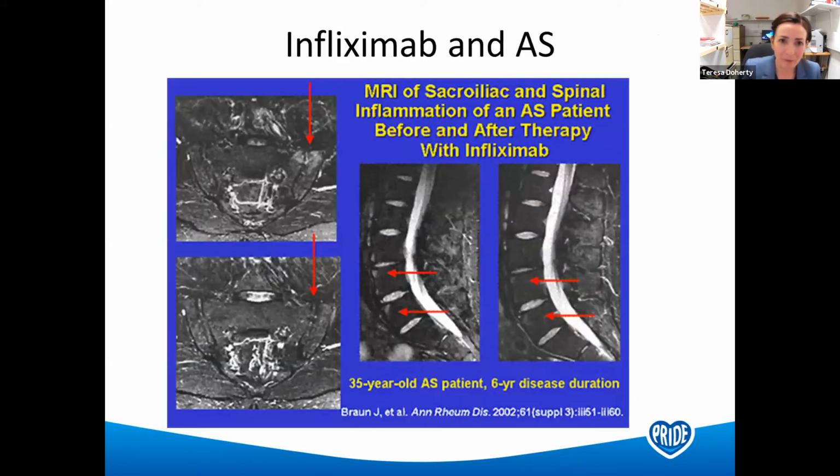Just briefly, infliximab was one of the first anti-TNF agents that we started using. The benefits, the MRI changes were profound. There was definitely healing seen. We've got so many now, so it's not right to talk about just one.